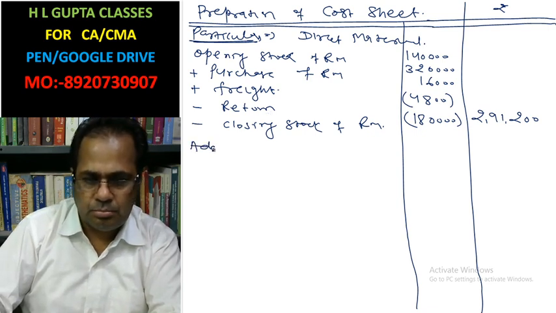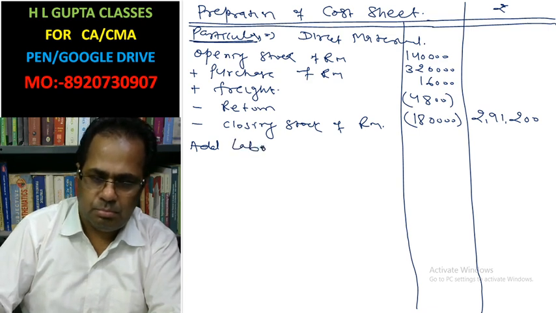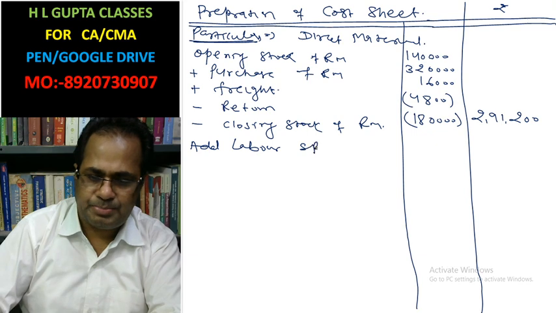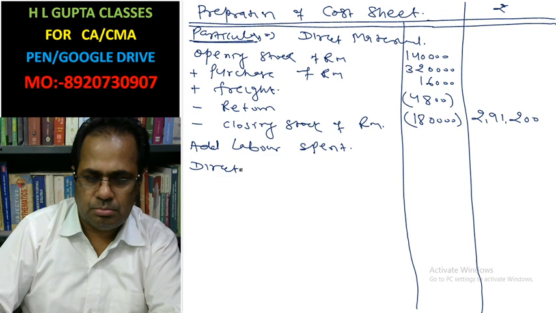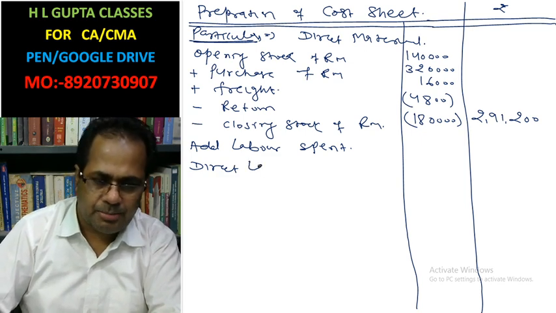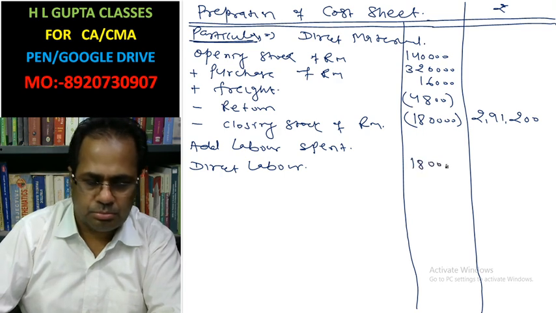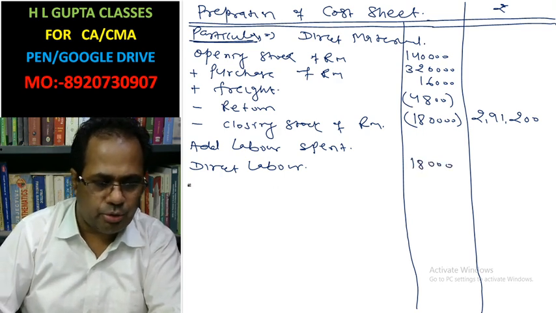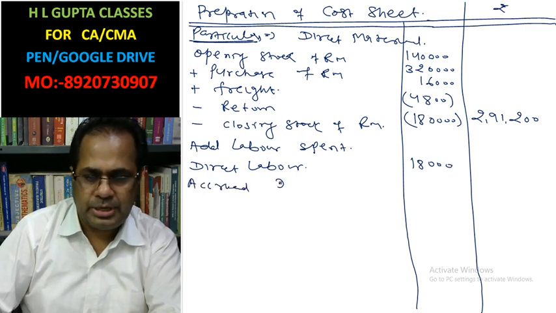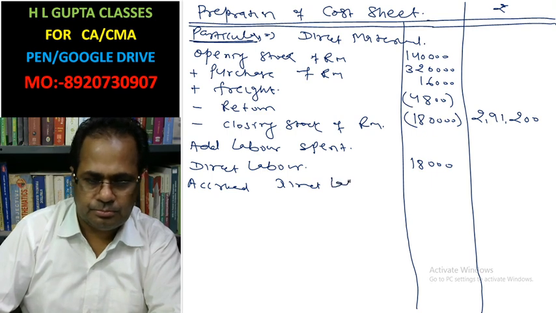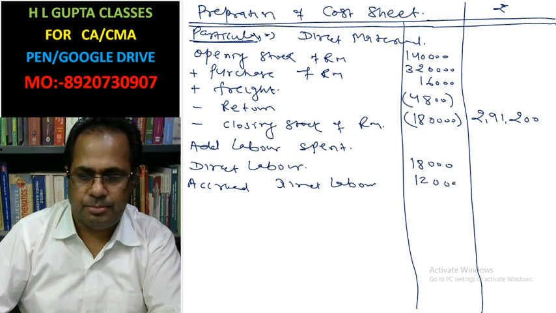Now add labor spent, direct labor 18,000, accrued direct labor 1,200.